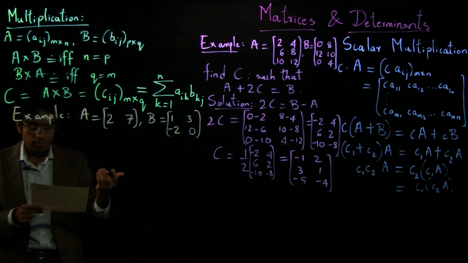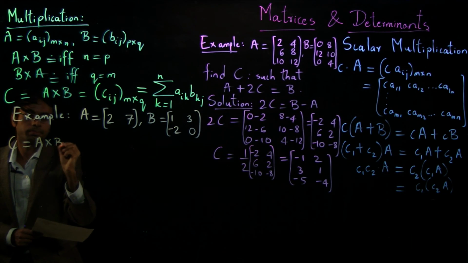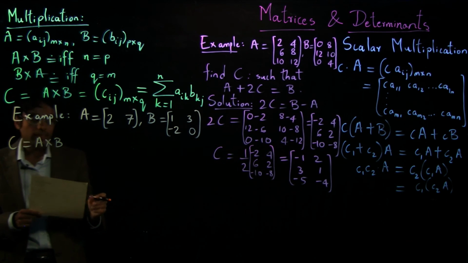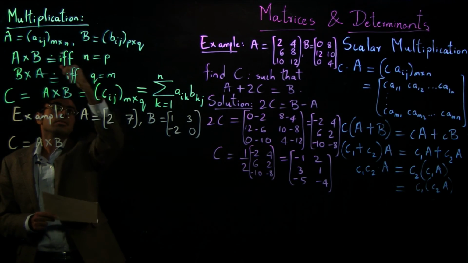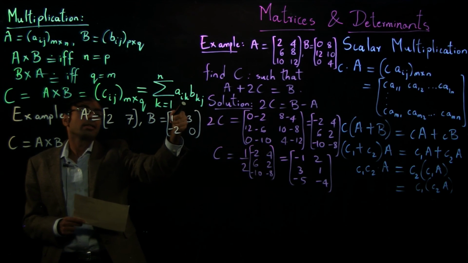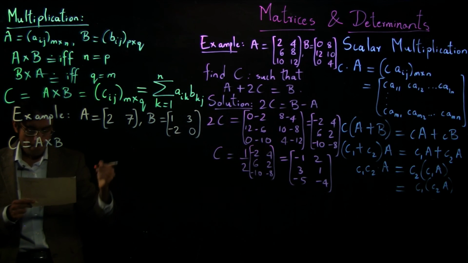And so then how do we calculate that? Let's say C equals A times B. Then you have to apply this formula. So it's each element of A from each row times each element of B from each column.